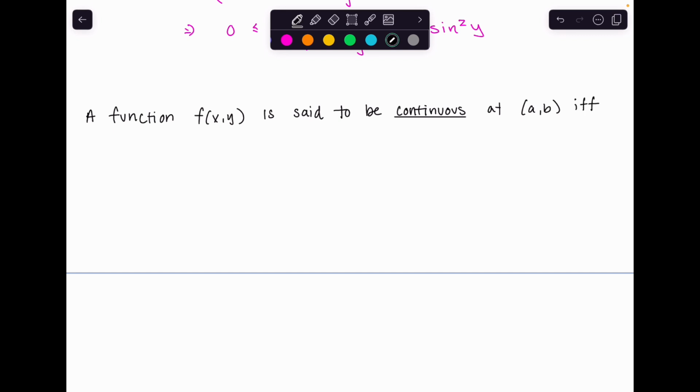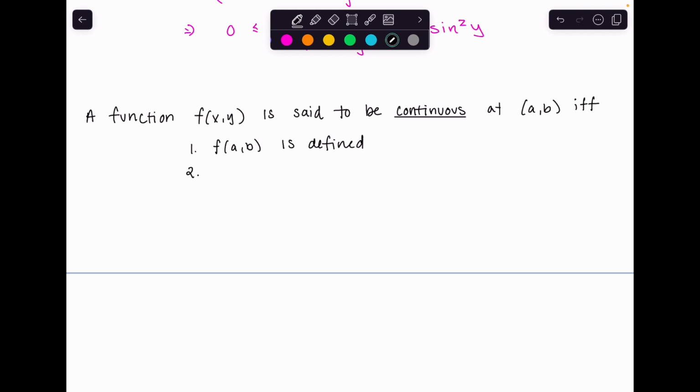So we say a function f of xy is said to be continuous at a point AB if and only if three things happen. The first is the function is actually defined at that point.